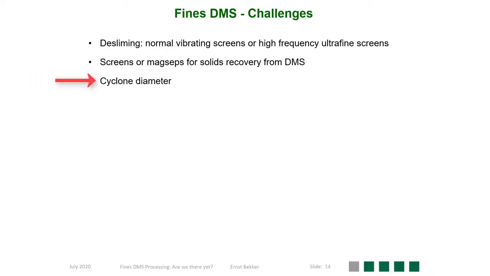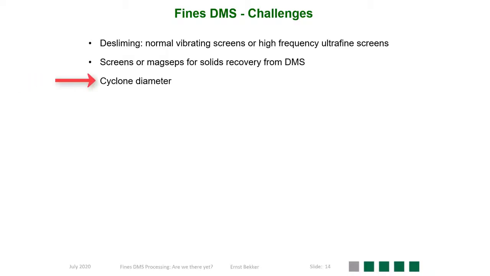This is an area where one has to think very carefully, because the screen panel apertures are not always so small as the material that's being processed via the fines dense media process. Then magnetic separators are a possibility, but if the material is magnetic, then magnetic separators are not going to do the job.